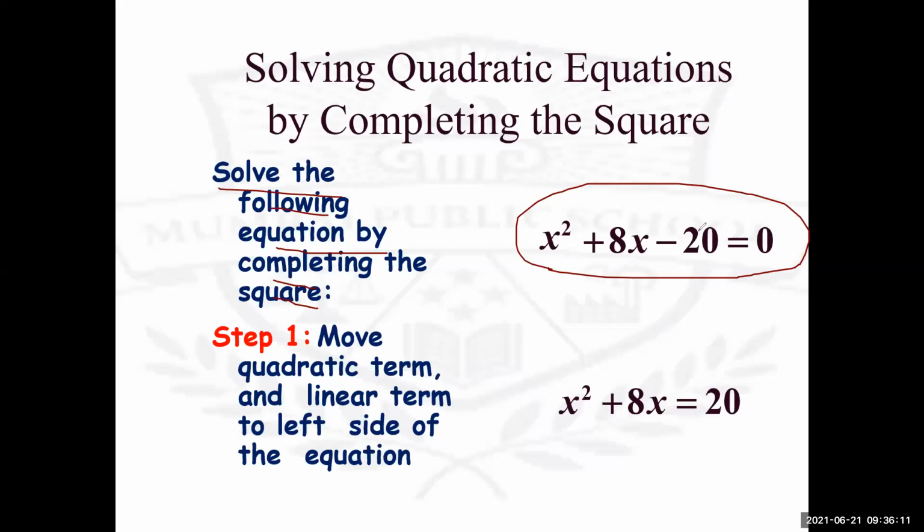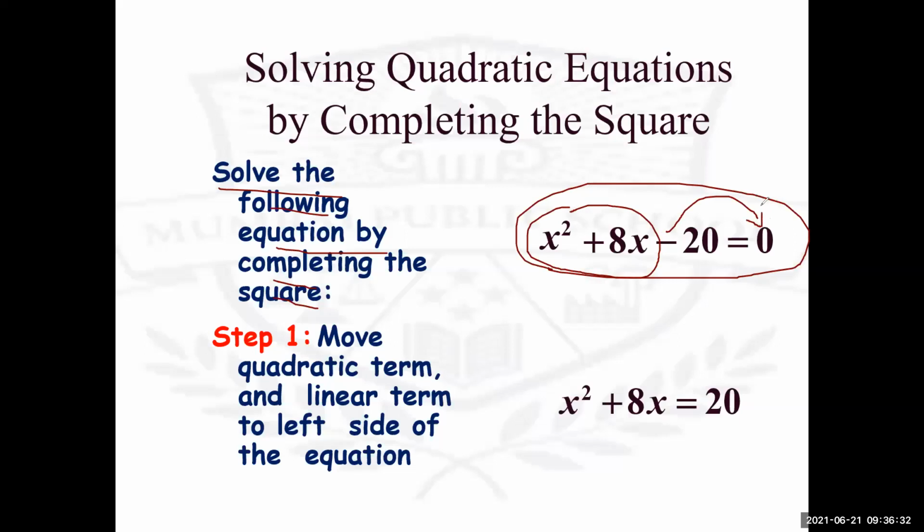So what you have to do here, first step, always remember: keep the terms with x on the same side, and only the constant term on the other side. So x square and 8x stay on the same side, and minus 20 will move to the other side.